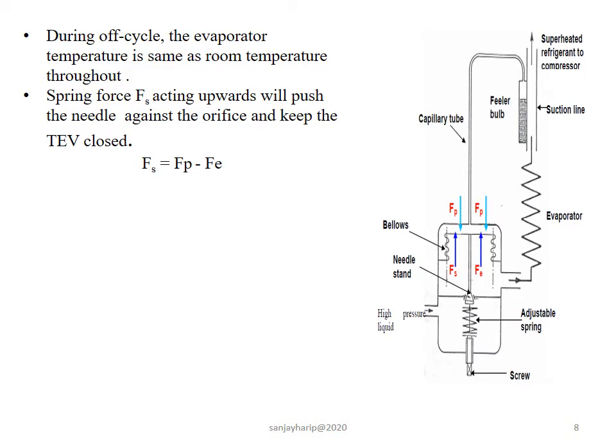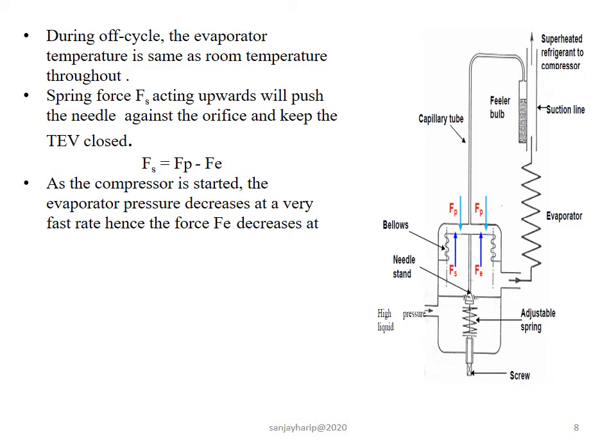Spring force, which we call Fs, acting upward, will push the needle against the orifice and keep the thermostatic expansion valve closed. This force we can adjust with the help of the screw, and the tension on the spring is adjusted.